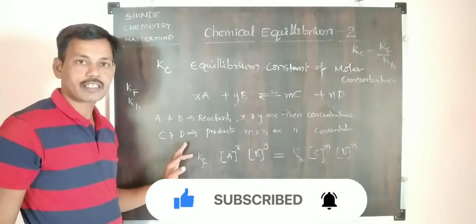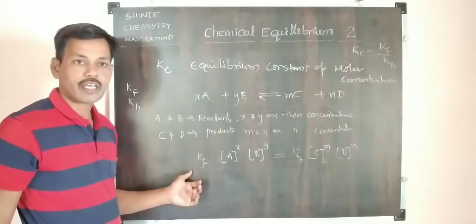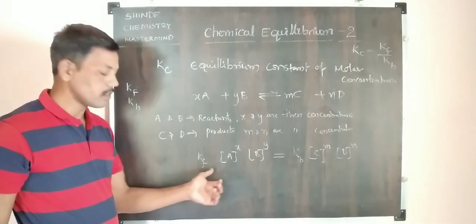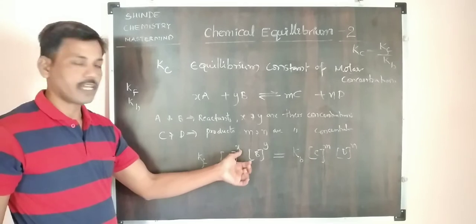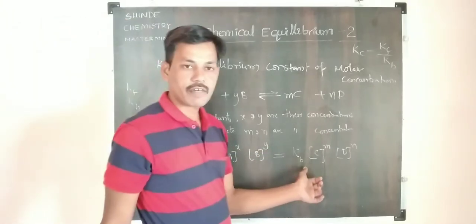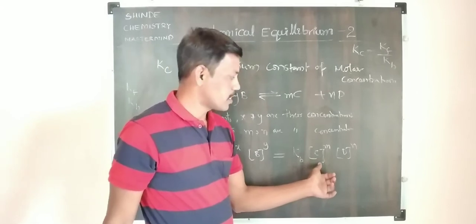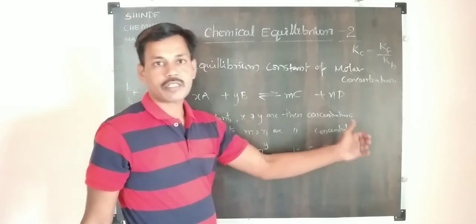C and D are products and M and N are their concentrations. In the forward reaction, the active mass of A is X and the active mass of B is Y. In the reverse reaction, the product C's active mass is M and the product D's active mass is N.